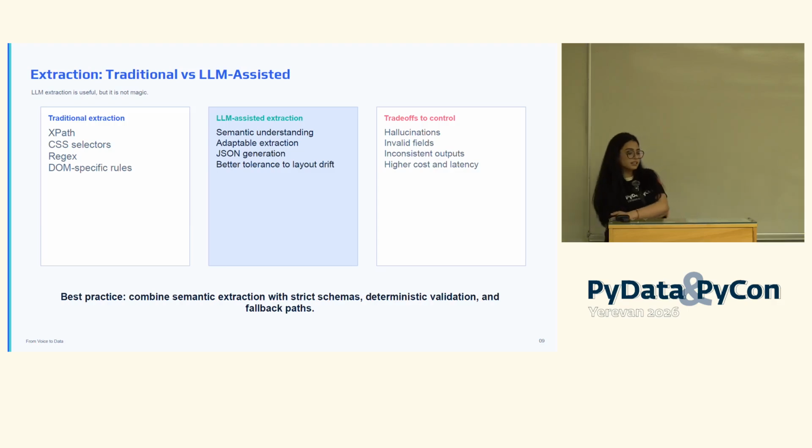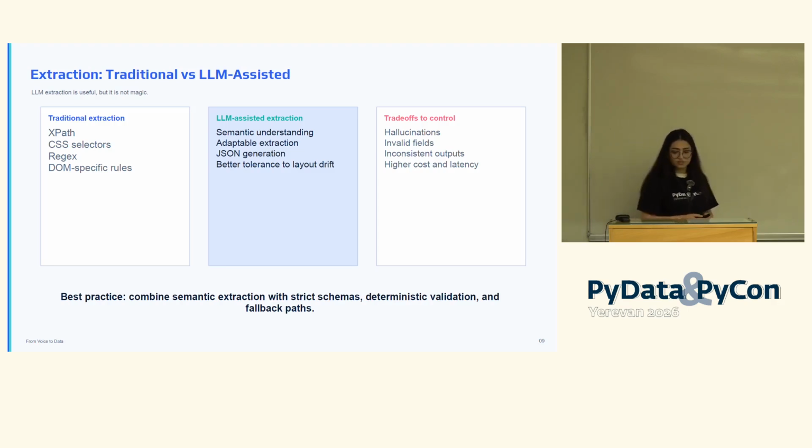On the other hand, LLM-assisted extraction has semantic understanding and adaptable extraction. So from the HTML, it could easily find the necessary information by checking the dollar symbols or other things under the hood to find the necessary attributes.